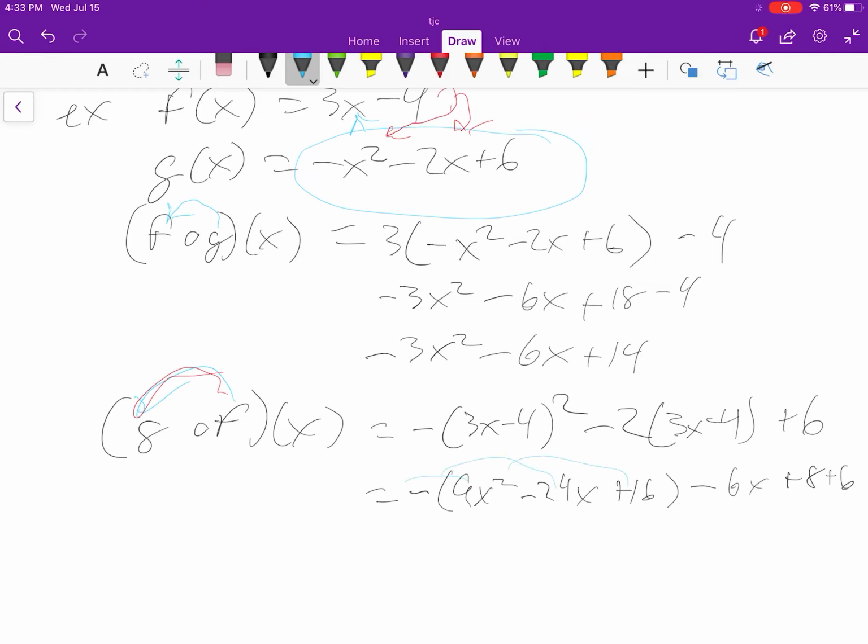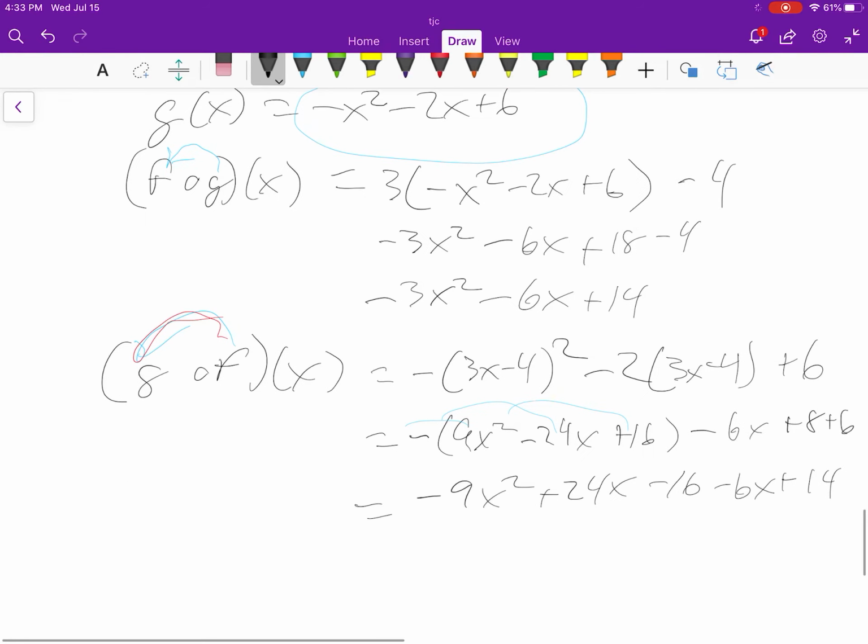Now distribute the negative here and combine like terms. Eight plus 6 is 14. So now combine like terms, you get negative 9x squared. 24x minus 6x is 18x. And then negative 16 plus 14 is negative 2.